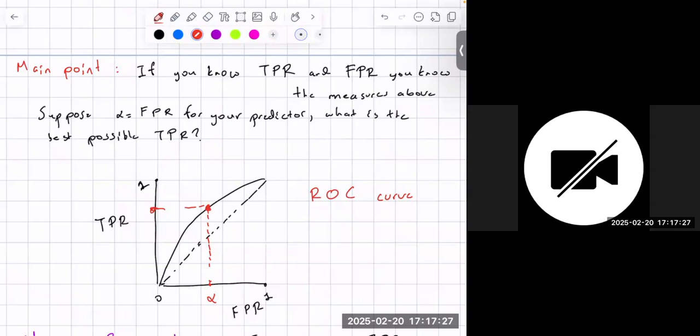I always forget what this stands for, but you will hear ROC curve a lot in machine learning talks. So you plot false positive rate versus the best possible true positive rate. That's an ROC curve. Sometimes people will abuse this word. They will just plot some false positive and true positive rates and call it an ROC curve.